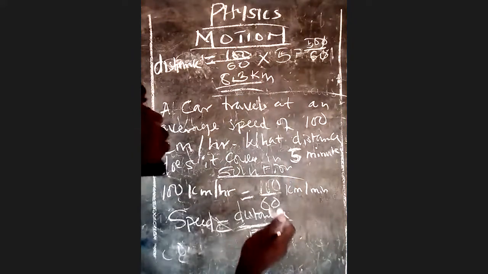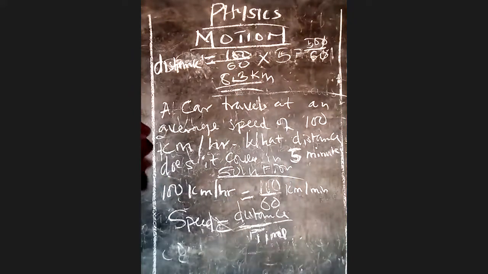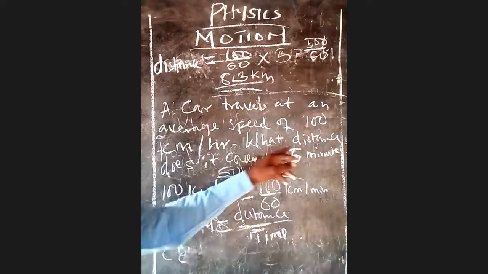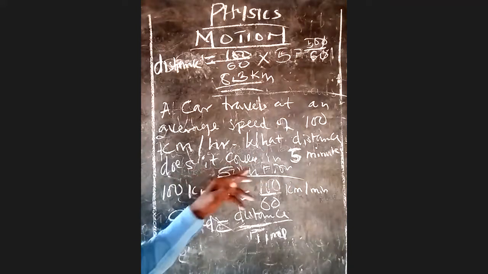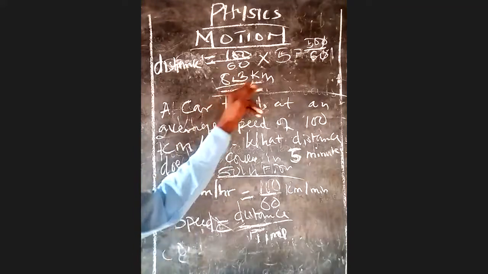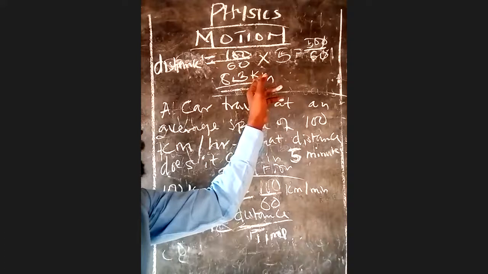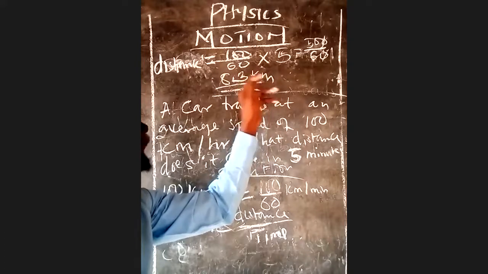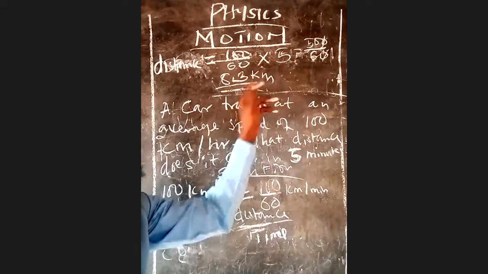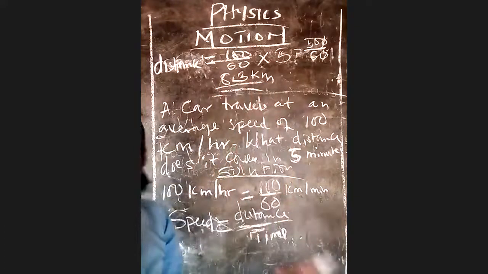So why is our answer's unit in kilometers? It is because we asked what distance it covers in 5 minutes, and the distance here is in kilometers. Do not forget that when we were dealing with fundamental and derived units, we said that distance is measured in meters.